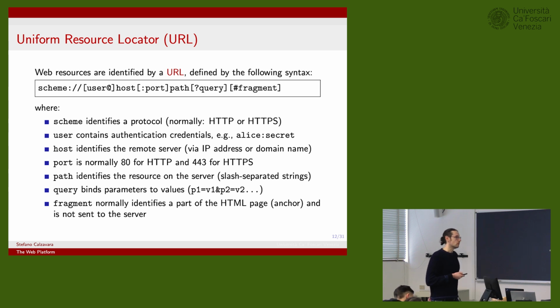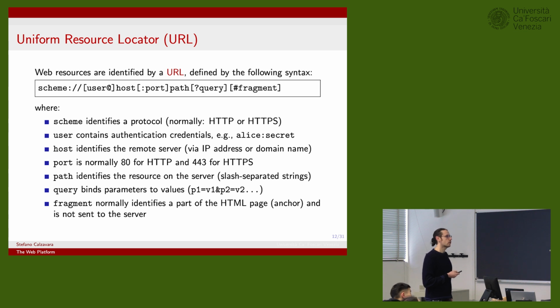However, URL syntax can be complicated. So you can find here the syntax of a URL, where I use square brackets to denote optional components. So a URL for sure must contain a scheme, and the scheme is a protocol.